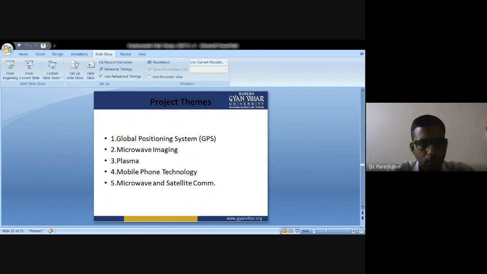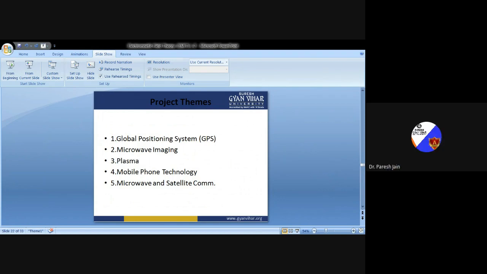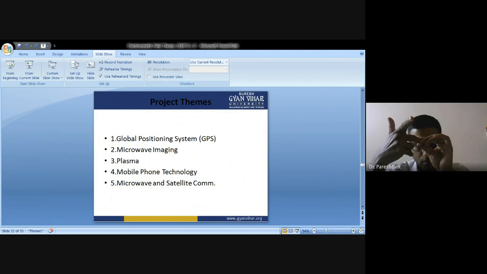Electromagnetic field theory says that in the EM wave we have an electric and a magnetic component, and these are known as transverse wave components. So electric and magnetic fields are perpendicular to the direction of the waves. This is our direction of the waves, this is the electric field vector, and this is the magnetic field vector.